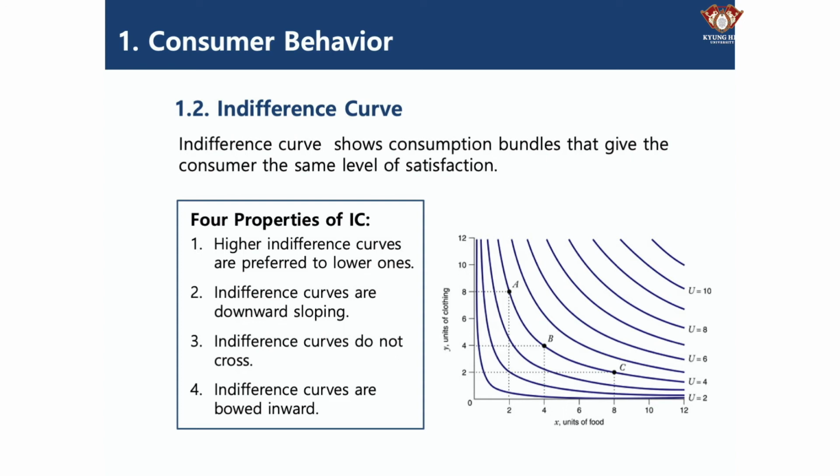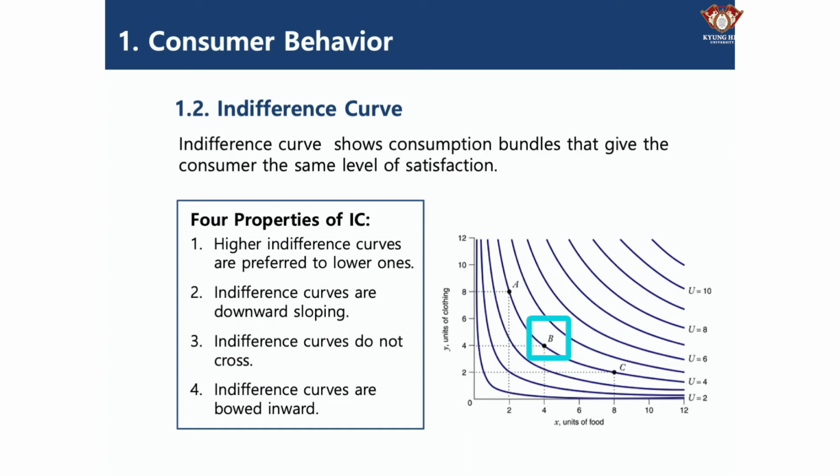Right? An indifference curve shows consumption bundles that give the consumer the same level of satisfaction. Consumption bundles of two goods. The X variable is C1, the Y variable is C2. So now think about point A, where this household consumes some units of C1 and some units of C2, reaching a utility level of 4.